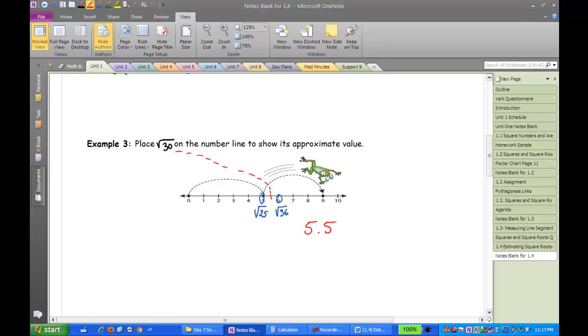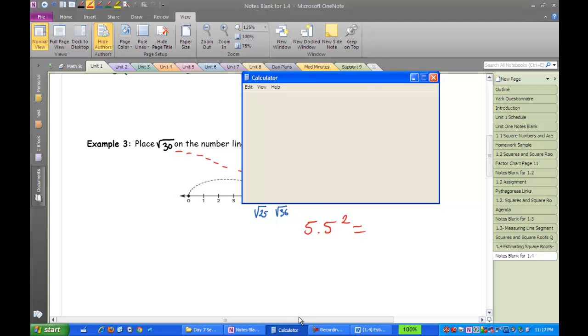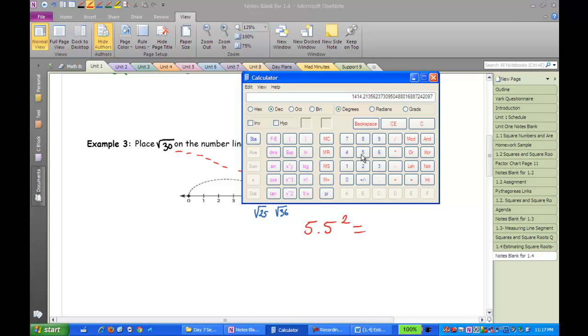And if we check that out with a calculator, 5.5 squared equals, let me bring up a calculator here. 5.5, and I'm going to square it, is 30.25.